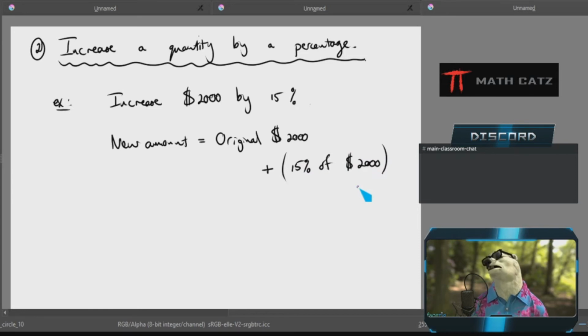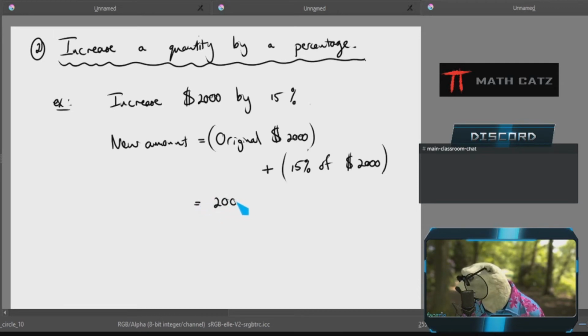So increasing means I have my original. It's not going to change. On top of that, I get 15%. How much do I have in the end? Well, of course, I have my original plus this increased amount. So I have two separate things that I merge together.